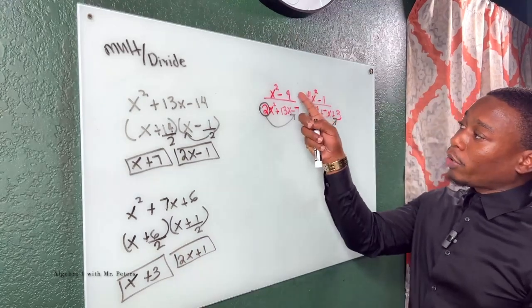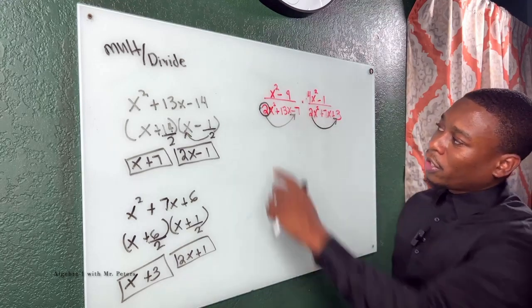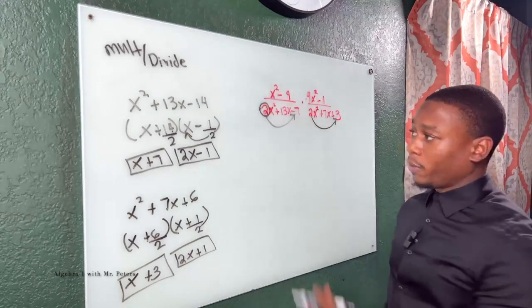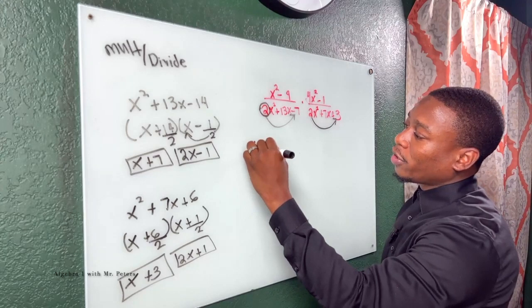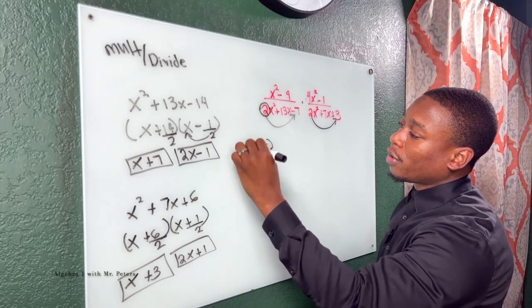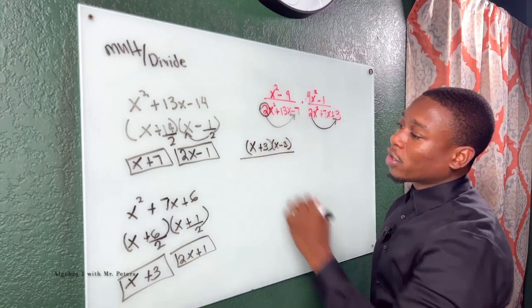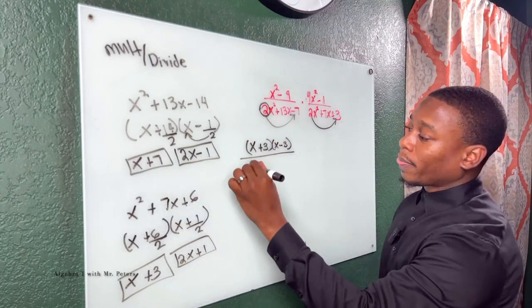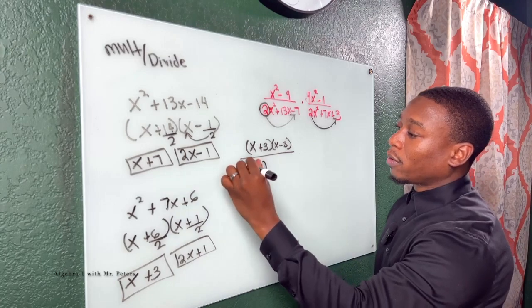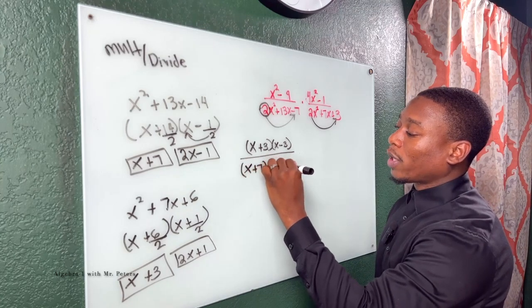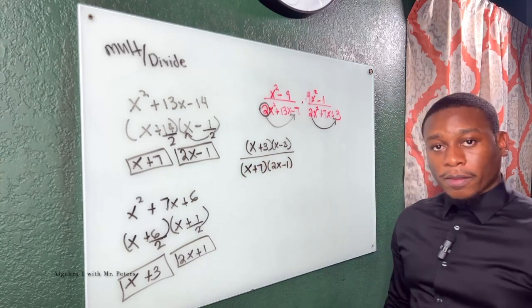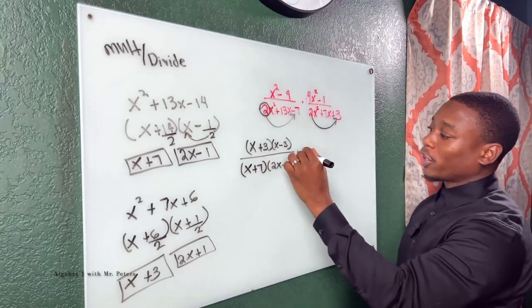So now let's break down the numerator. So this is the difference of squares, family. So once we break this down, this turns into x plus 3 times x minus 3. And this is all over x plus 7 times 2x minus 1. And then now we go over to our second fraction.